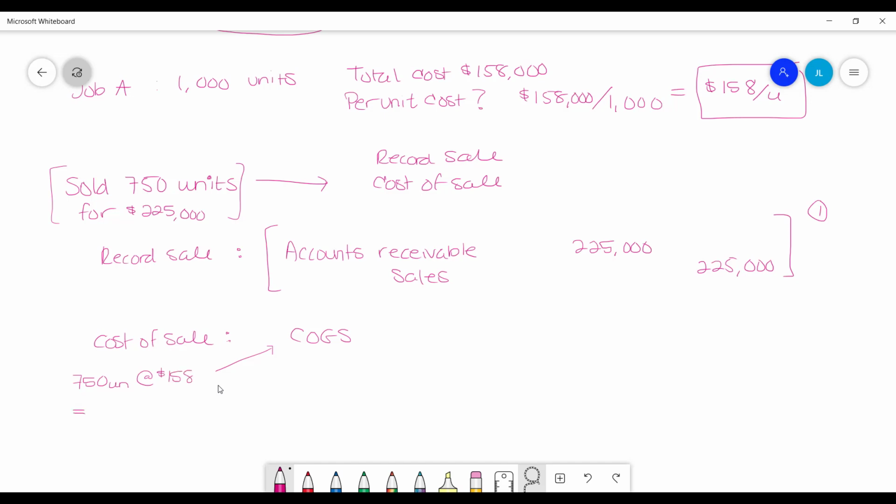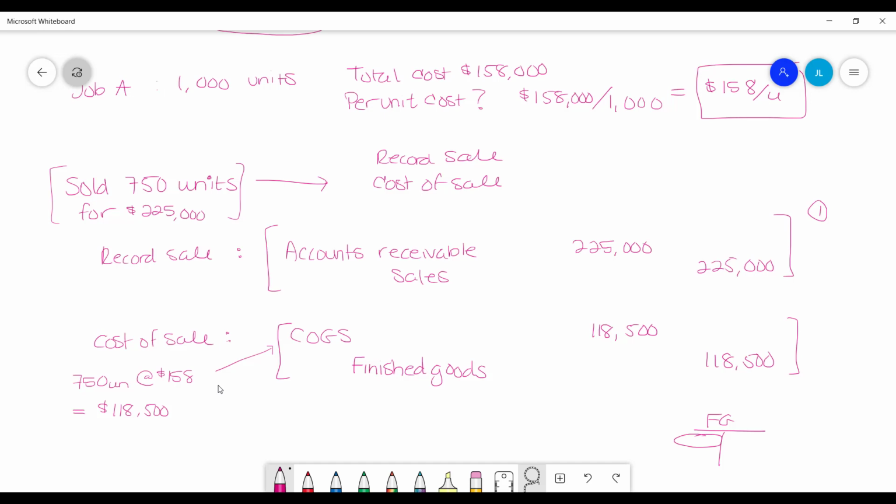So 750 times 158, that's a total cost of $118,500. So we want to debit cost of goods sold for $118,500, and then we'll credit finished goods for $118,500 as well. And now, if you were to look at the finished goods T account, it would only have the cost of the 250 units left in that account, because we just sold 750 of the total 1,000.